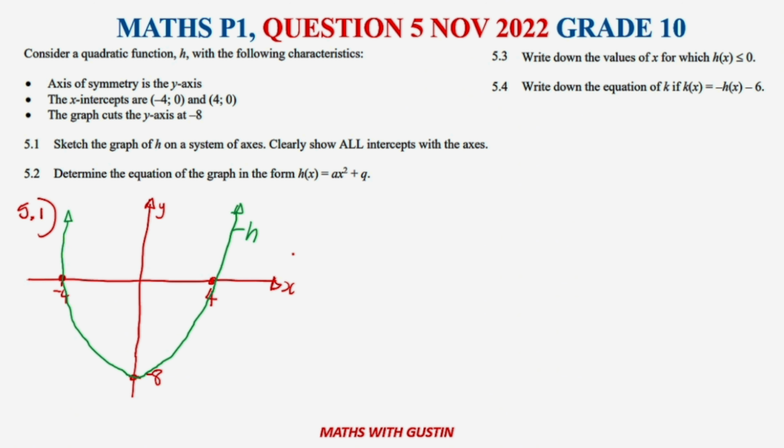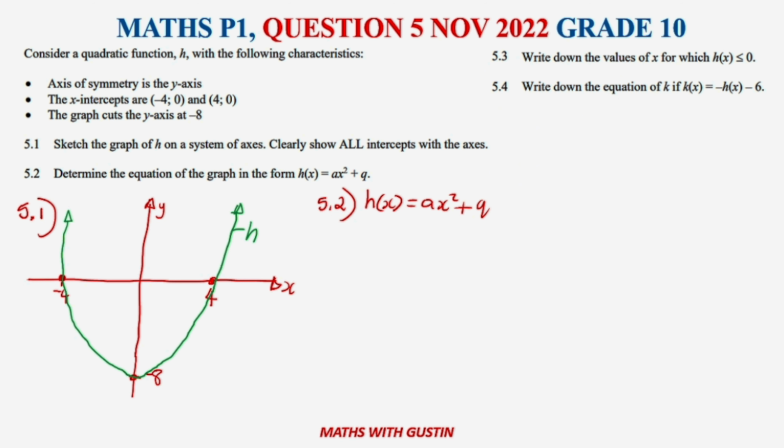5.2 says: determine the equation of the graph in the form h of x is equal to ax squared plus q.